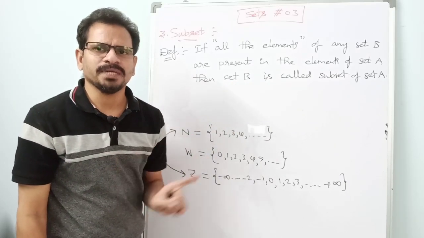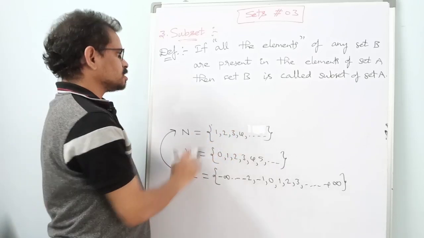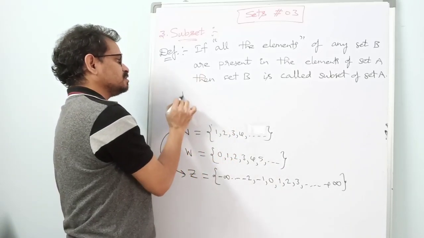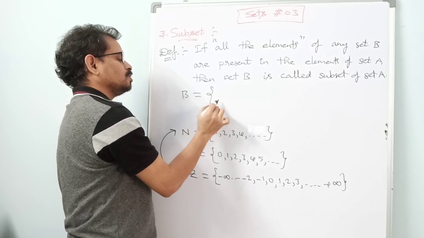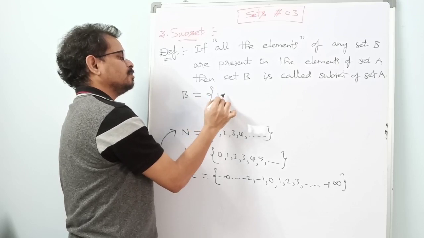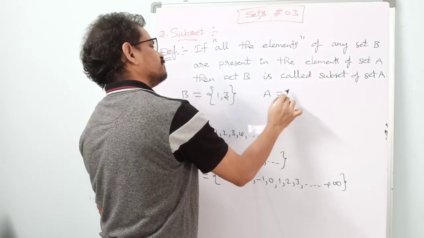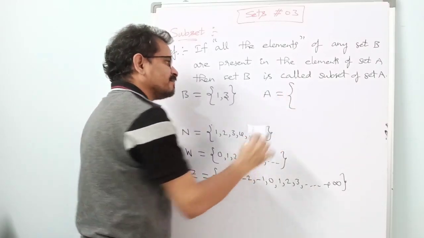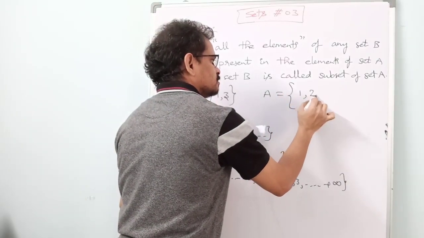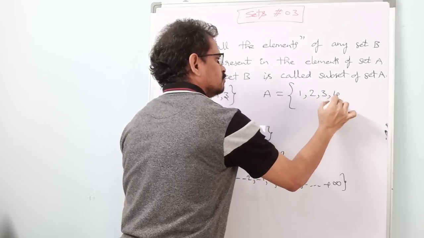With a simple example, let me explain so it will be very clear. Let us consider set B first. Set B equals 1, 3. Let us consider another set A, which has numbers 1, 2, 3, 4.